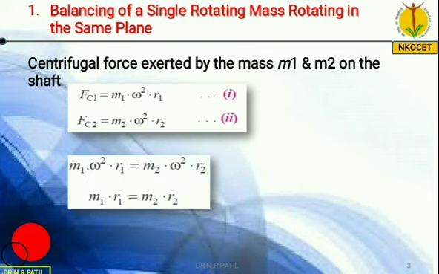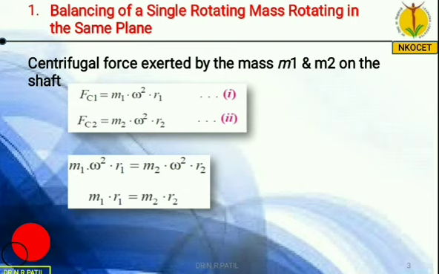Now if we equate these two equations of Fc1 and Fc2, we can get the balancing. By simply equating these two equations, omega square gets cancelled, and we finally get one equation: m1 r1 equals m2 r2. So it is a straightforward balancing of a single rotating mass rotating in the same plane.